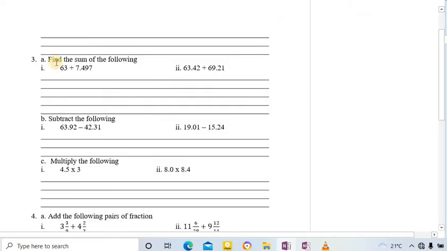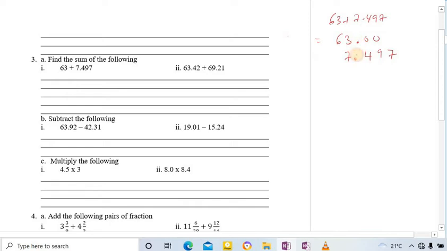Okay, find the sum of the following numbers. We have 63 plus 7.497, which is equal to 63.00 plus 7.497. To help you, the first thing is to position your numbers very well. So 7 here, 0.497, and nothing else. You don't put the 7 under the 6 and mix things anyhow.